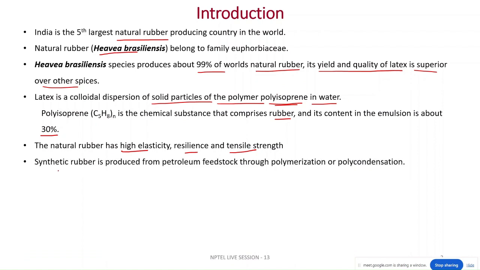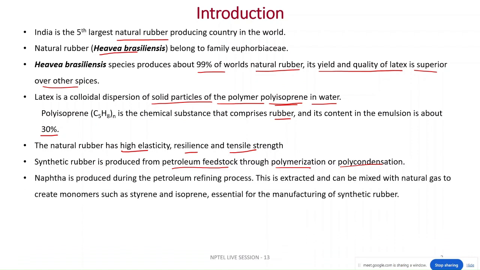The synthetic rubber, on the other hand, is produced from petroleum feedstock through polymerization or polycondensation reactions.